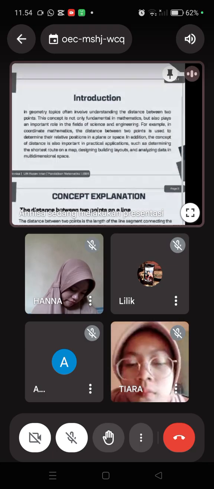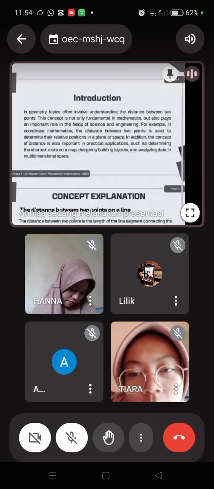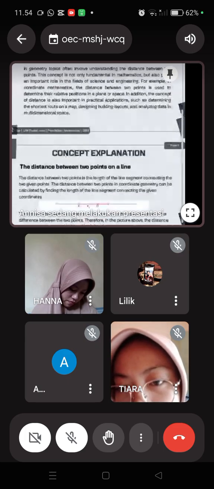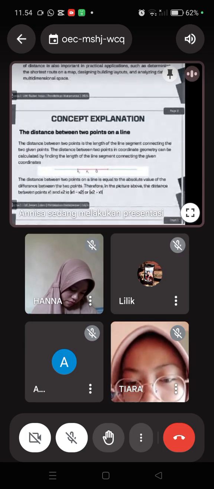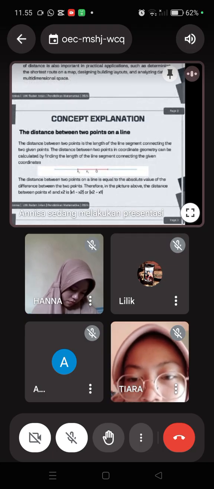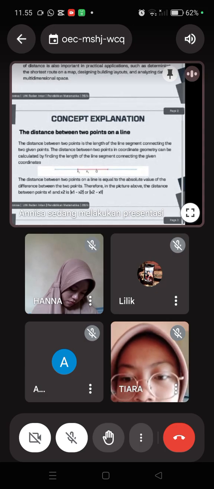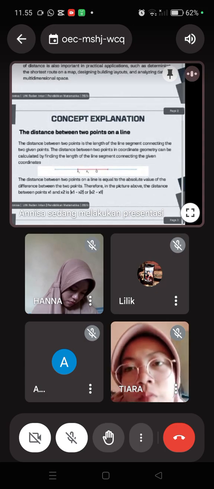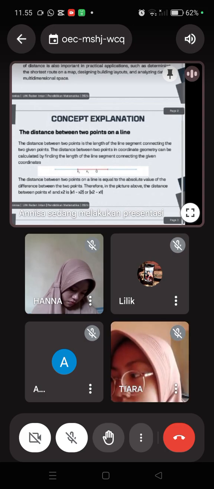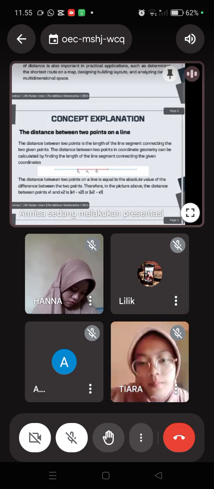The next slide explains the concept. The distance between 2 points is the length of the line segment connecting the two given points. The distance between 2 points in coordinate geometry can be calculated by finding the length of the line segment connecting the given coordinates.